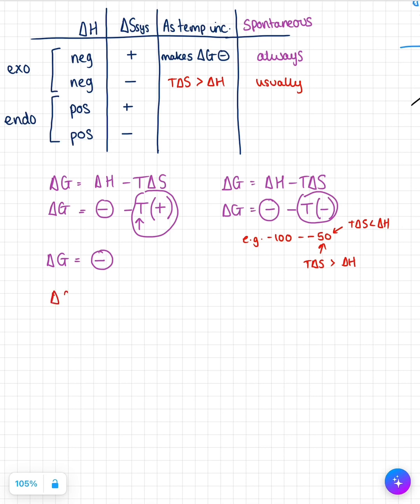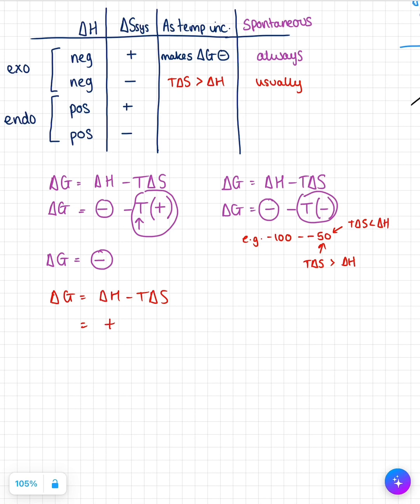So again, our Gibbs, if we've got delta H minus T delta S, and now we're looking at our endothermic reaction, so we're going to have a positive enthalpy minus T times an entropy that is positive. So a positive number minus a positive number.